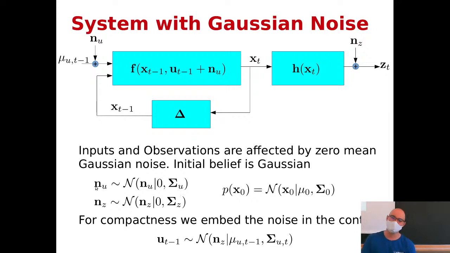We know the process noise or the control noise, which we call nu, and we say that it's zero mean Gaussian distributed. We know the measurement noise nz, and we say that it's zero mean Gaussian distributed. And we also assume that we know the initial distribution of the state p of x0, which is distributed according to a mean mu0 and a covariance sigma 0.